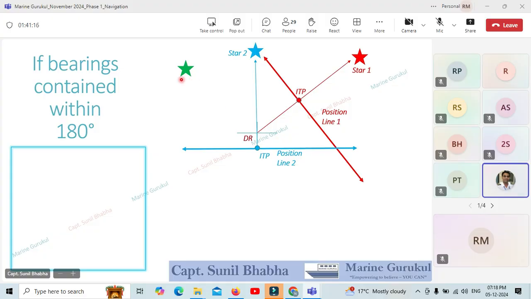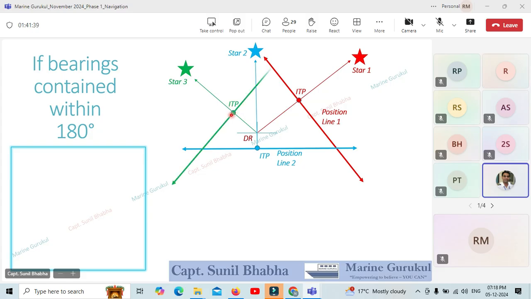Let's assume the third sight which we had taken is by using this green color star, star number 3, again worked out with intercept, and the intercept is towards in this case also. So from the DR position we go towards the body a distance equal to the magnitude of the intercept. We reach at the ITP, intercept terminal point.